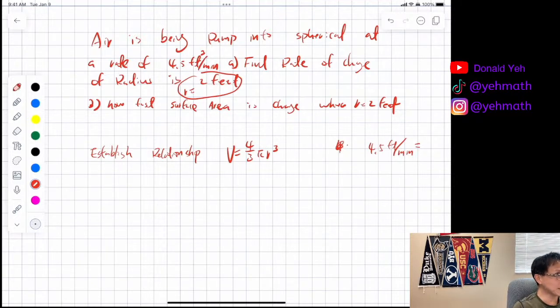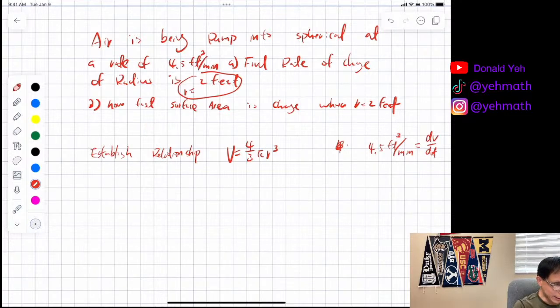Is the ladder sliding down or are you pushing the ladder up? All different situations can happen. Is that okay? So now dV/dt means how fast the volume is changing. Because the unit is cubed, you can just see this is a cube. That also tells you the volume is changing per minute. Is that okay?